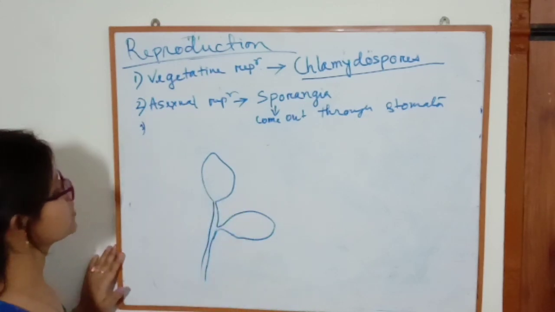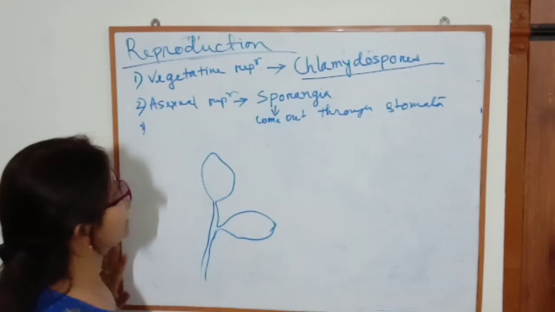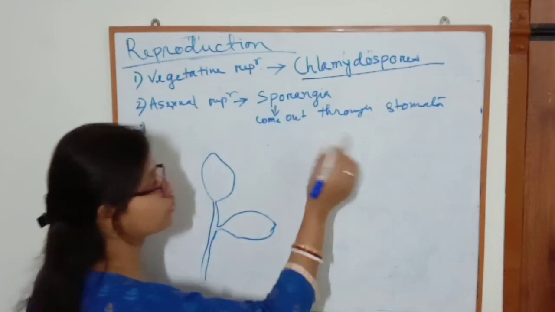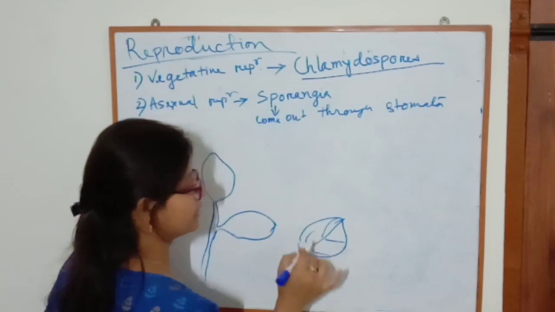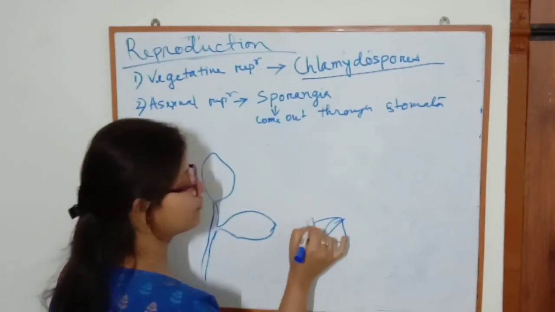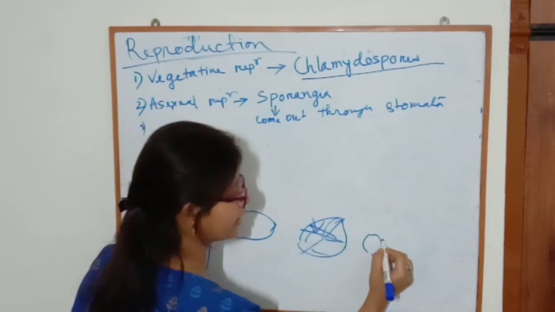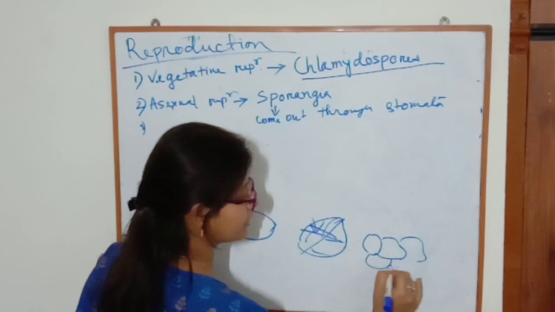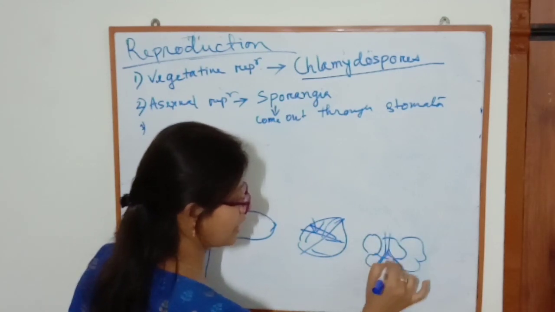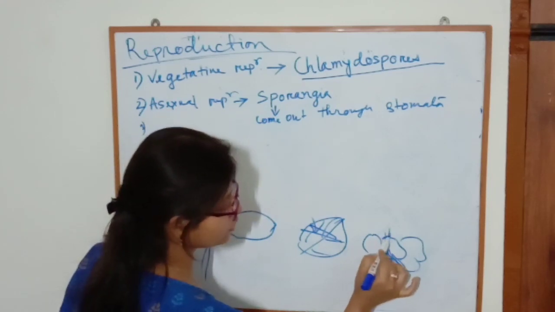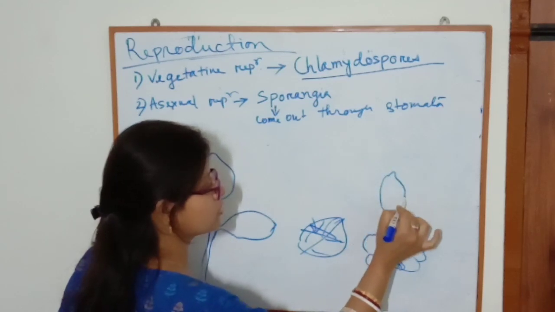The sporangia are mainly oval shaped, and they come out through the stomata. This is the leaf of the potato plant, that means the host plant. They infect the plant, and if we cut the leaf, we can see that they infect the host cell. They branch profusely, and through the stomata they come out and form sporangia.